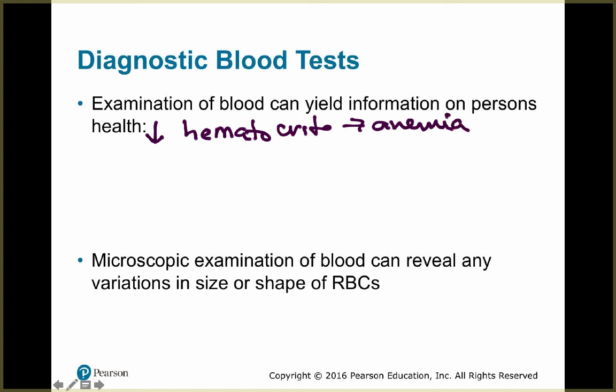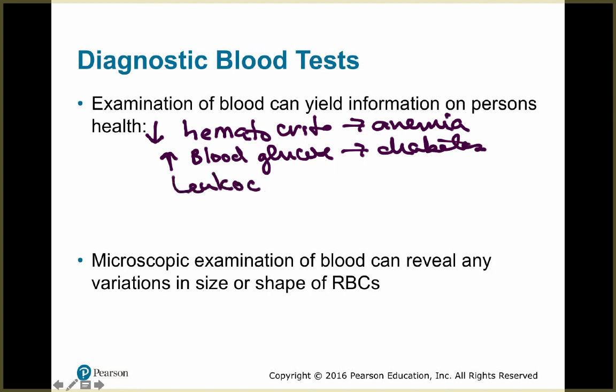You can look at high blood glucose, and you can say, hey, this person might have diabetes. If you have leukocytosis, right, it may signal an infection.